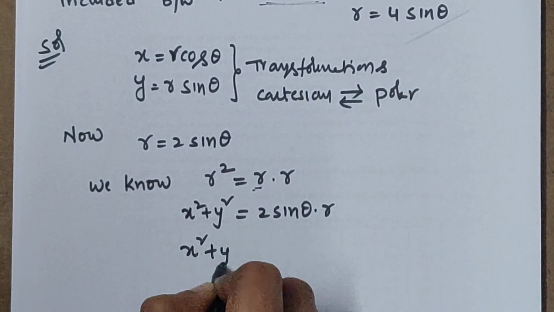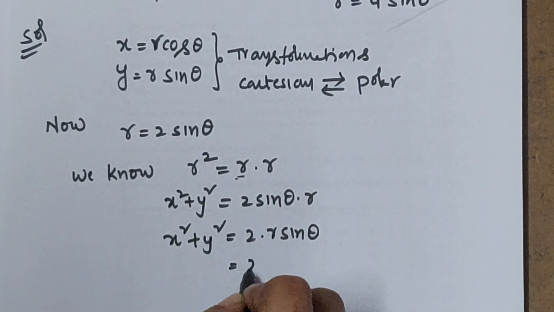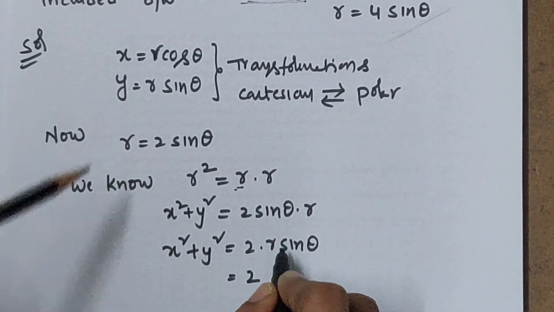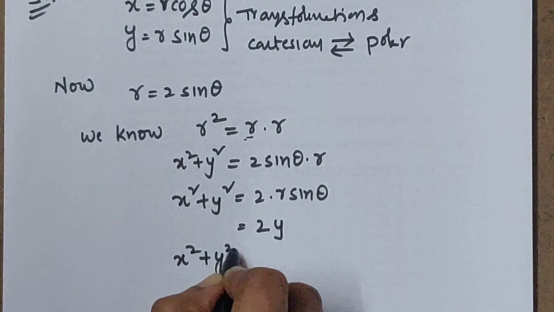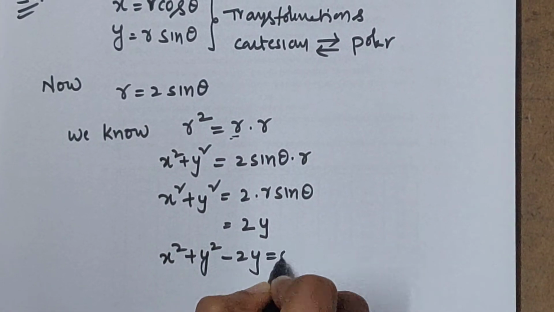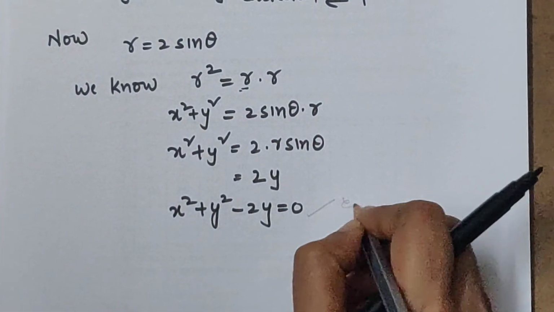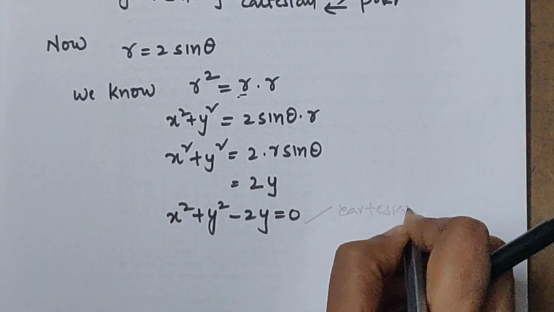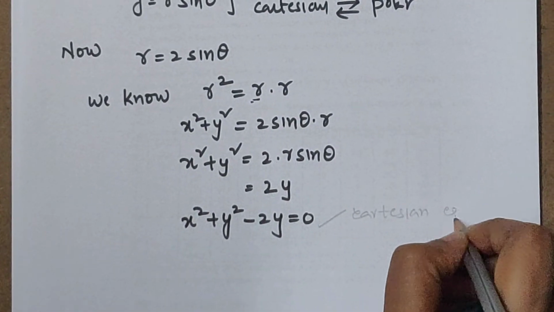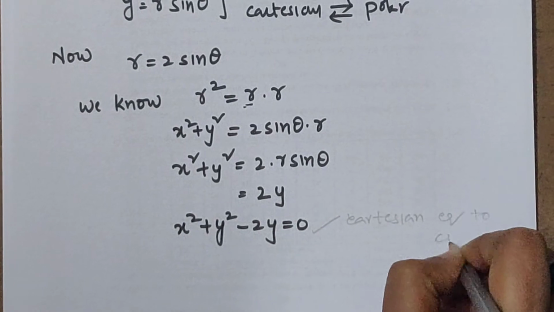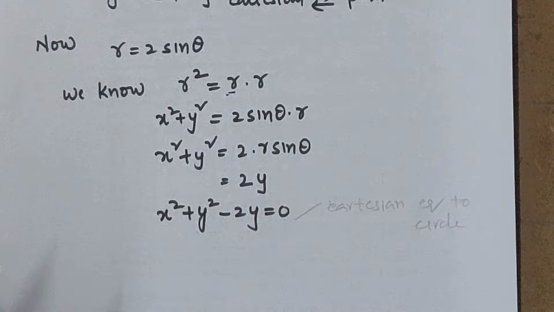So x square plus y square equals 2 into r sin theta, and r sin theta is y. So x square plus y square minus 2y equal to 0. This is the Cartesian equation of the circle r equal to 2 sin theta.